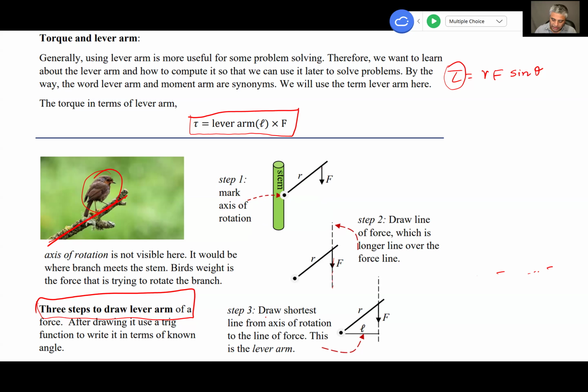Then you draw the lever arm, which is the shortest distance from the axis of rotation to the line of action of the force. If you draw it here, it's not going to be the shortest one. It becomes shortest when this angle is 90 degrees, so that makes this construction a right triangle.